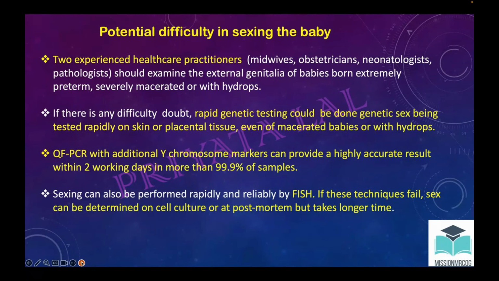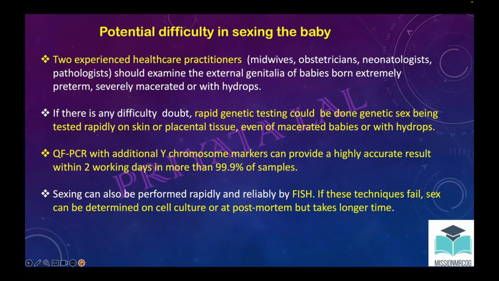Second choice, consideration for rapid genetic testing from the skin, placenta, or even the macerated babies. QF-PCR can also be done. That helps us find out whether an additional Y chromosome is there or not, and the test result will be available within 2 working days.